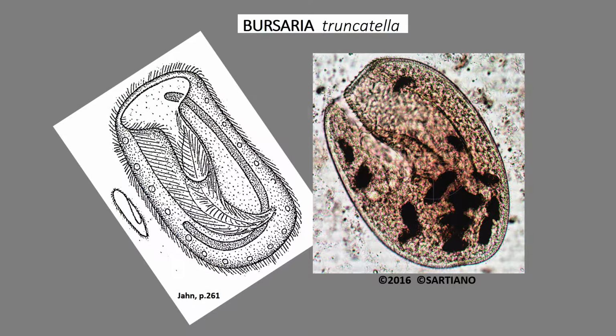The photomicrograph of Bursaria on the viewer's right has been processed to accentuate and illustrate a relatively typical outline of the body of Bursaria. It also clearly shows some of the more prominent cilia in the mouth region and along the margin of the ventral cleft, which opens widely into the buccal cavity.